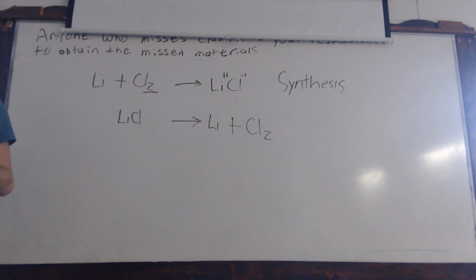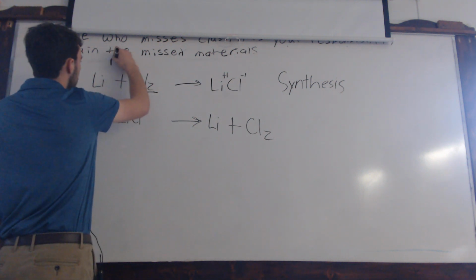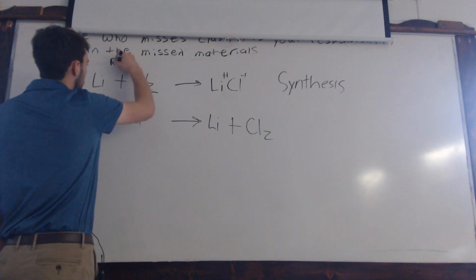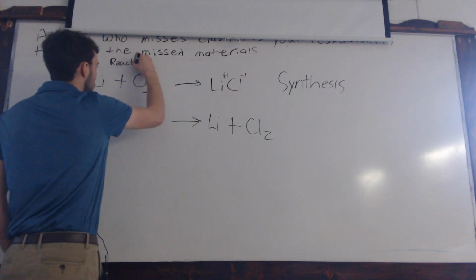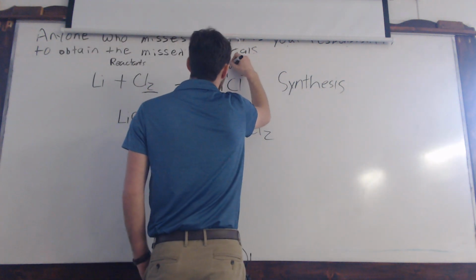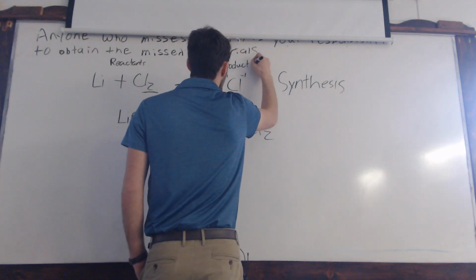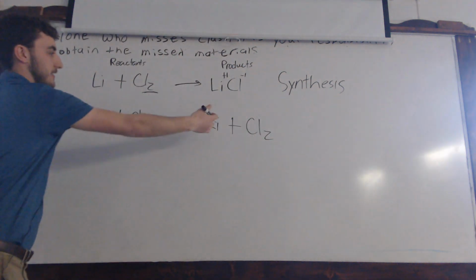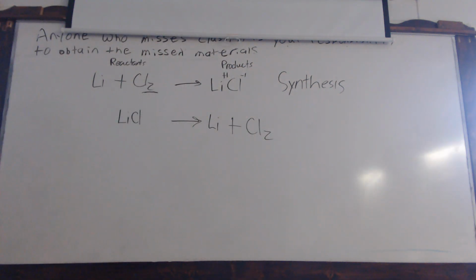Now we're going to start throwing another vocab term at you that you should know. It's as important as knowing what a neutron, proton, and electron is: knowing that these are the reactants and these are the products. The reactants are the things that are reacting together to get your end product or your end compound.